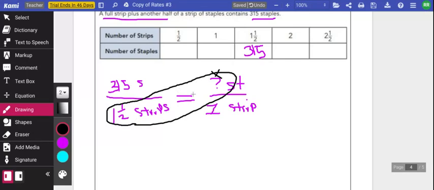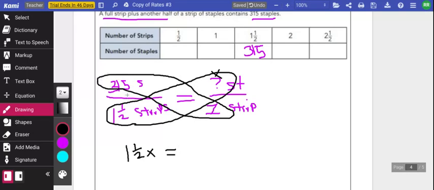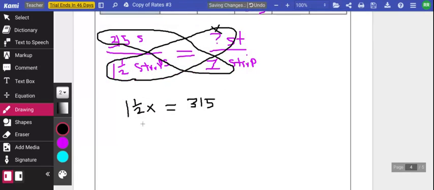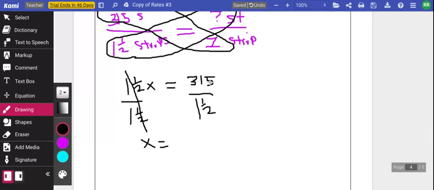So 1 1/2 times x is equal to, and then I'll multiply these guys together. So 315 times 1, that's 315, right? Then I need to divide both sides by the number in front of x, which would be 1 1/2. So divide both sides by 1 1/2. So those 1 1/2s cancel. And so x, your unknown number, is equal to 315 divided by 1 1/2.